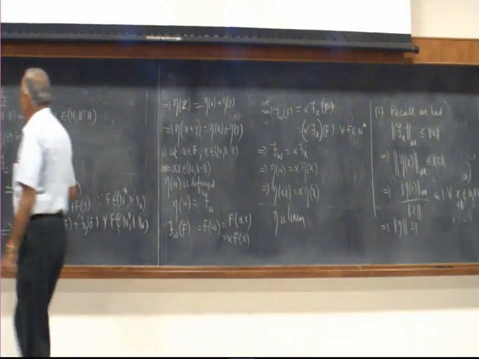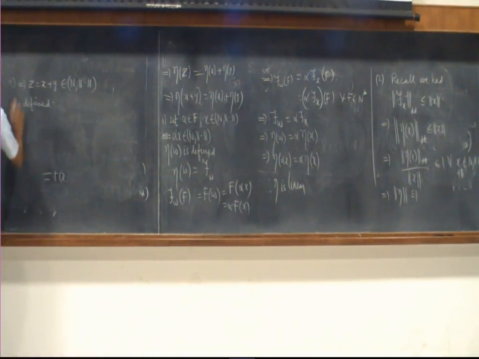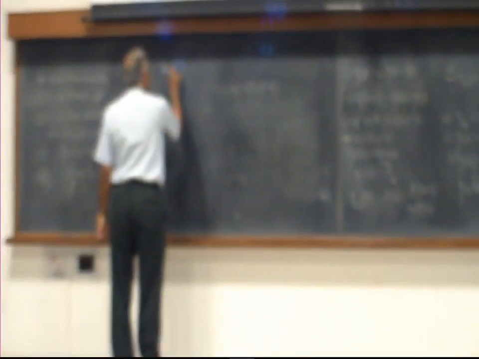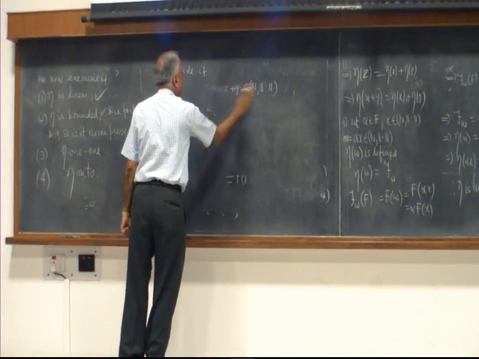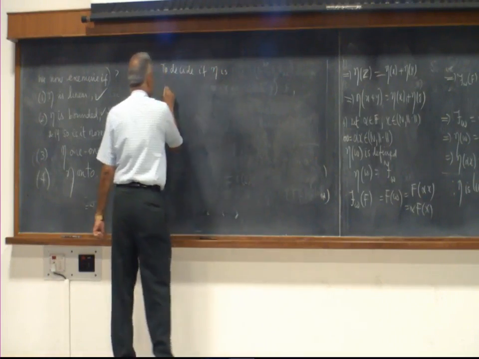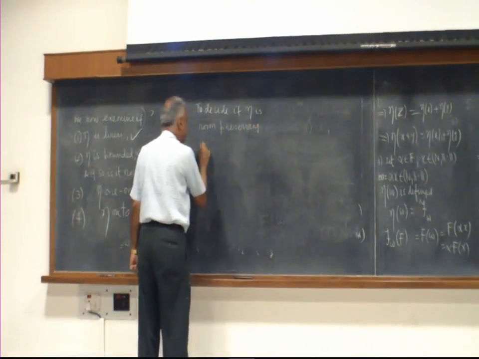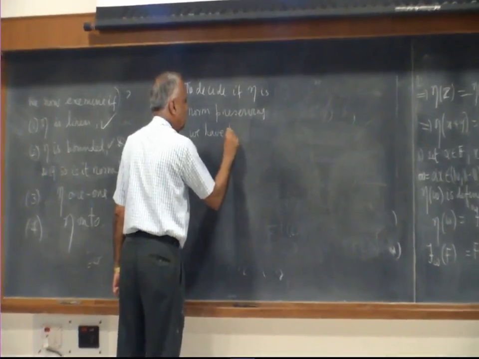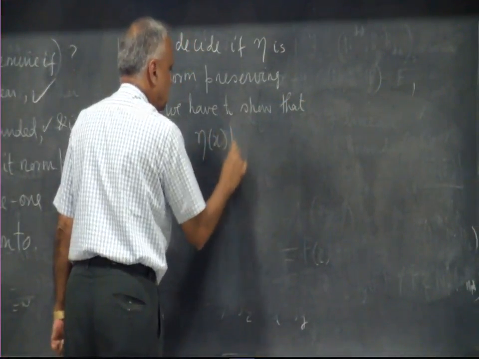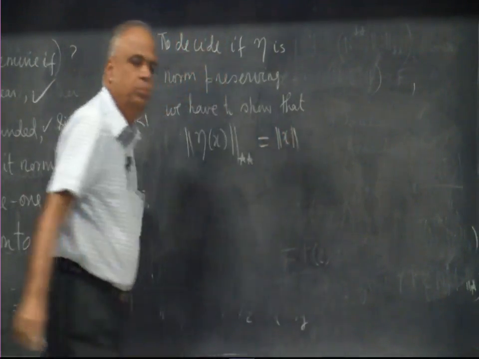Okay, so let me write here. To decide if eta is norm preserving, we have to show that the norm of eta x is equal to the original norm.